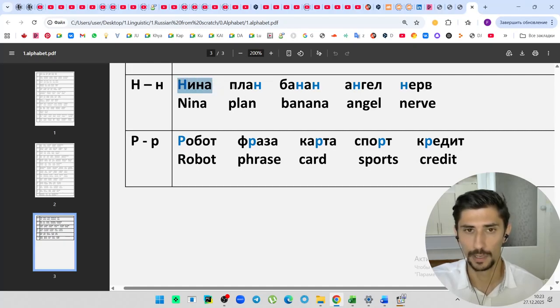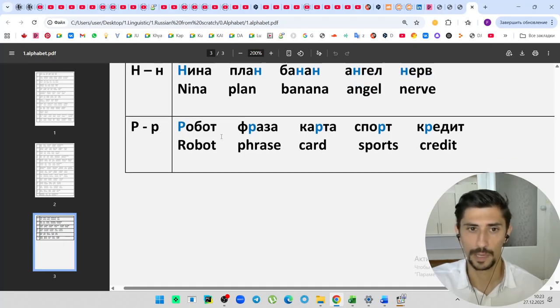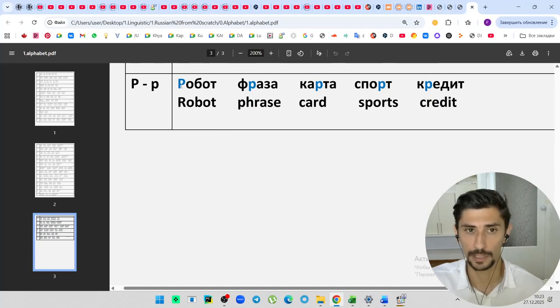Нина, план, банан, ангел. Angel, like the same, but J became G. Ангел. Нерв. And the last letter is R. Робот. Фраза. Карта. Спорт и кредит.